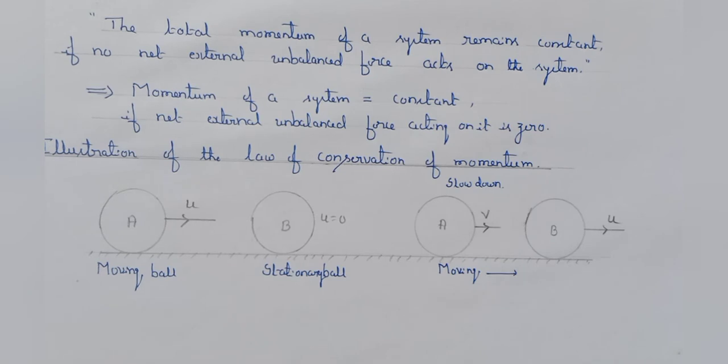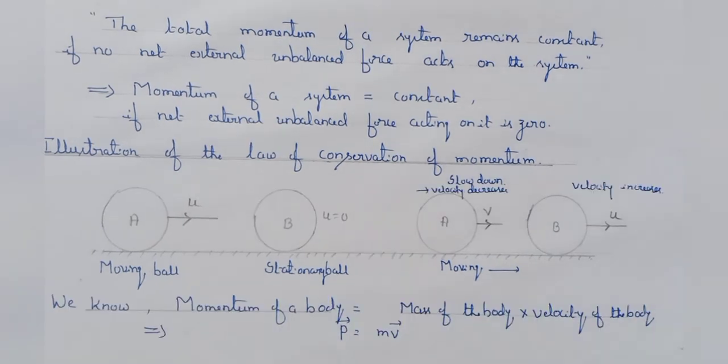We know the momentum of a body is equal to the product of the mass of the body and the velocity of the body. So it is given by P = m × v. You know, the momentum is directly proportional to the velocity of the body.